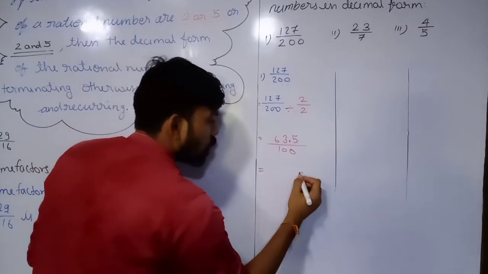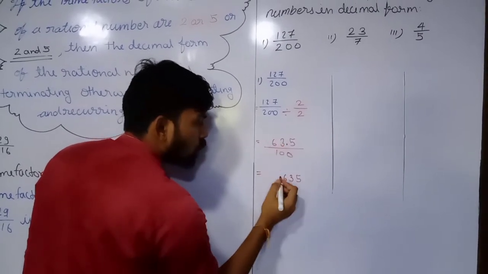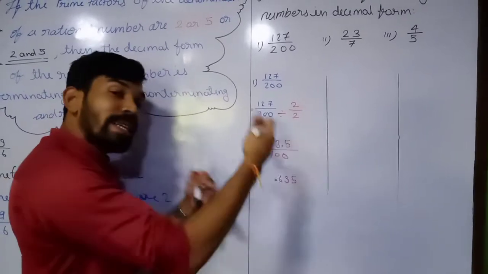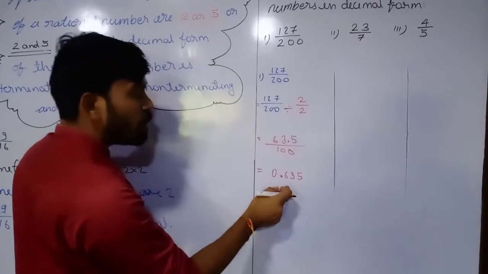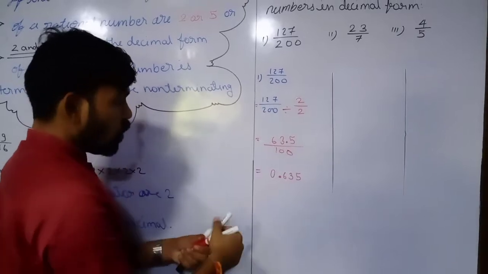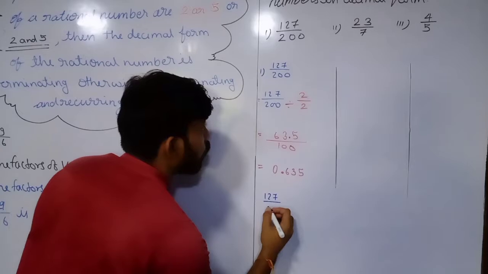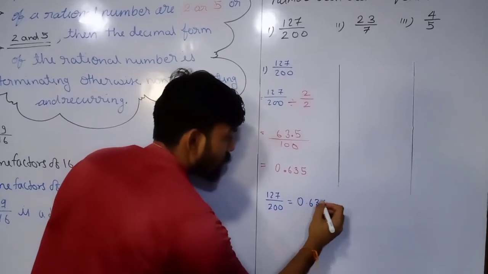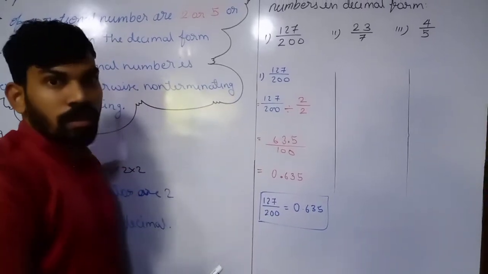So 6 3 5, the decimal comes over here before the 6. And before the decimal we don't have any digit, so we put 0. It will become 0.635. So we can write our answer: 127 upon 200 is equal to 0.635. This way we can write our answer.